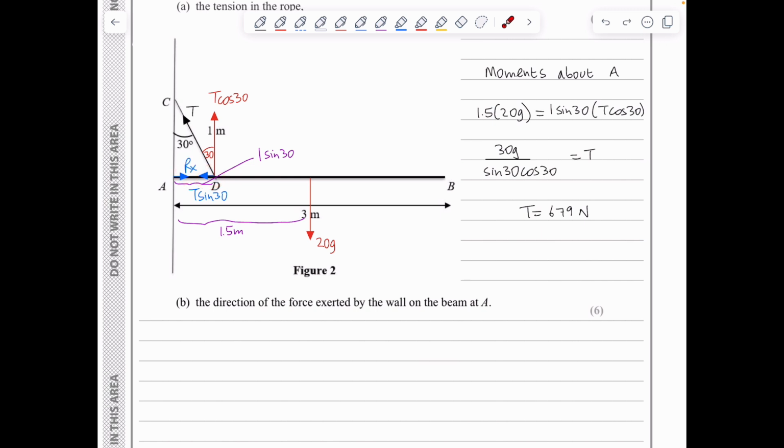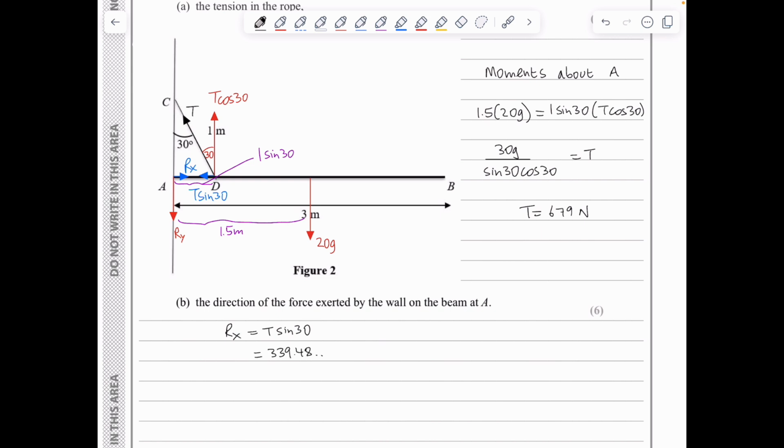It's the reaction at A acting in the horizontal direction. And there is also a vertical component pointing downwards, which I will call Ry. So looking at the horizontal forces, we can say that Rx is equal to T sin 30. We have already found T to be 679.